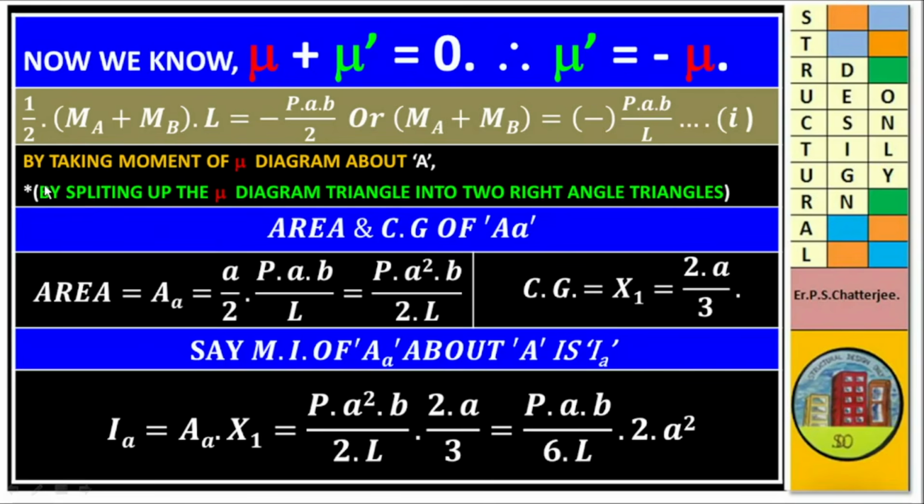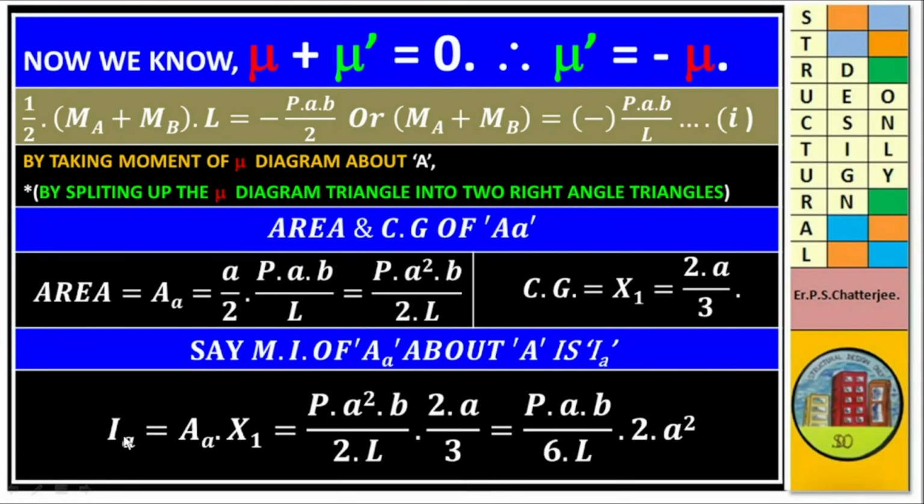we have to split the triangle into two right angle triangles. Area A1 is equal to A by 2 into P into A into B by L, which is equal to P into A square into B by 2L, and CG distance from A, x1, is equal to 2 into A by 3.